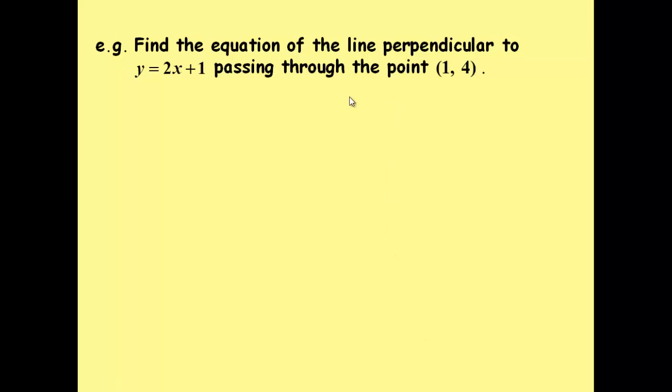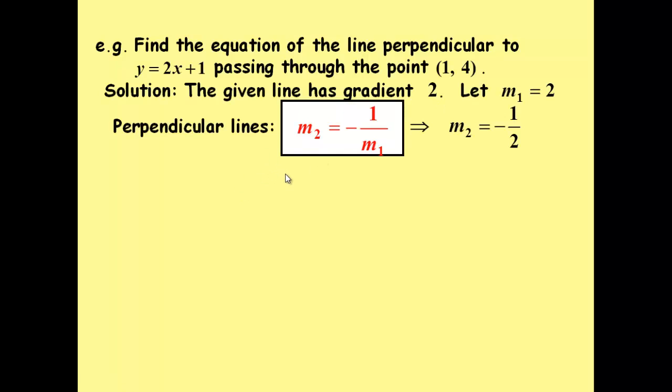Bit more difficult with a perpendicular line. Same information, we have an equation and we have a point that it passes through. We know that the equation we can write as y equals mx plus c, but this time to find our m, it's not just a simple matter of putting the 2 in, it's the negative reciprocal of 2 we want, in other words minus 1 over 2.